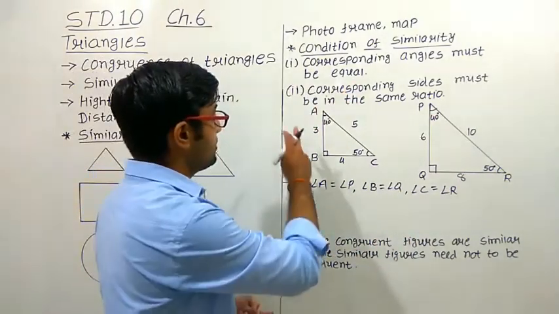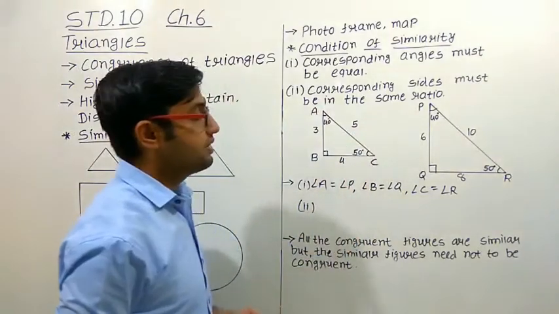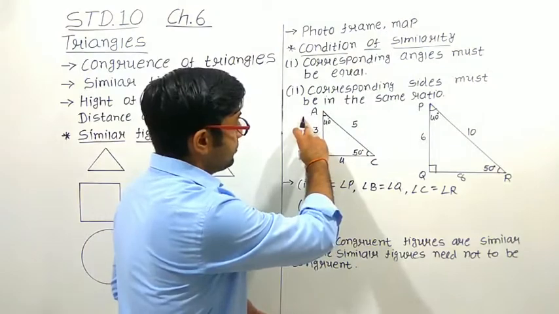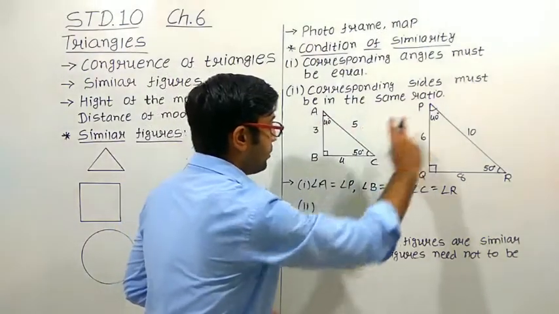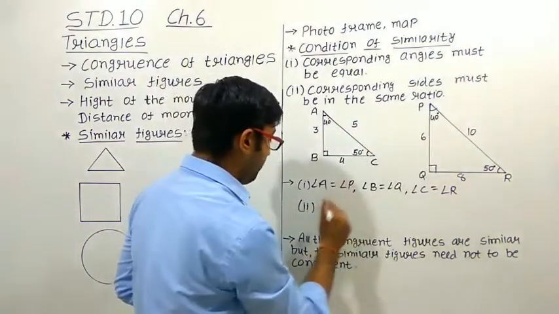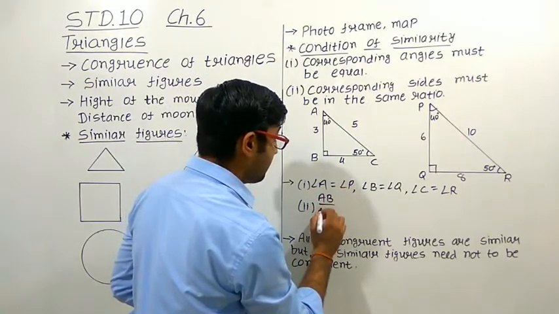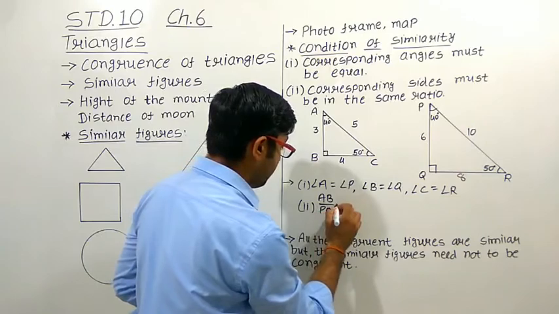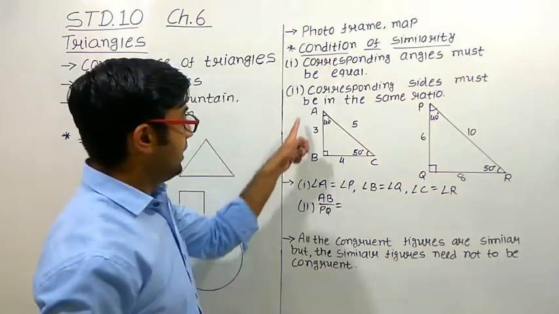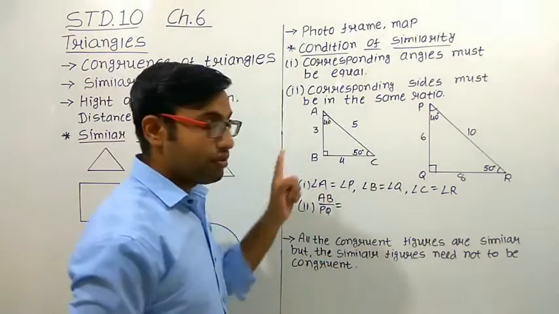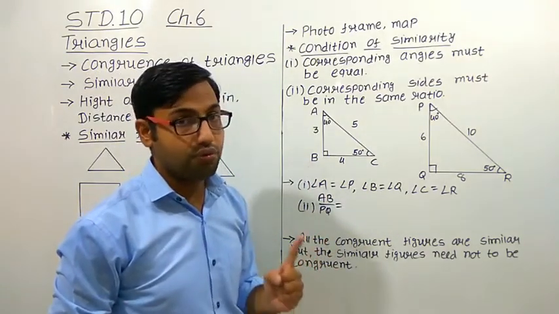Now the second condition is that corresponding sides must be in the same ratio. The side corresponding to AB in this triangle is PQ. So AB upon PQ is the ratio of the first corresponding sides. AB is 3, PQ is 6. 3 upon 6 is 1 upon 2.